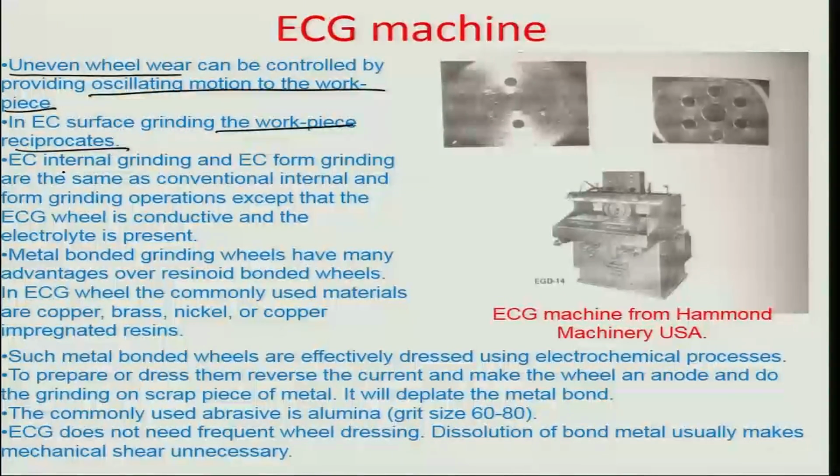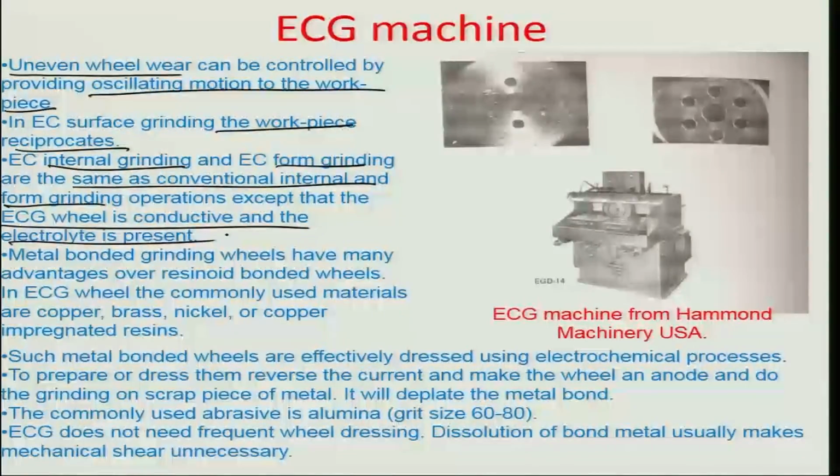In internal grinding and form grinding the mechanisms are the same as conventional internal and form grinding operations, except that the ECG wheel is conducting and electrolyte is present. The wheels are normally made out of materials like copper, brass, nickel or copper impregnated resins.